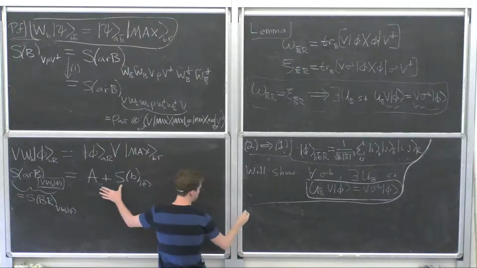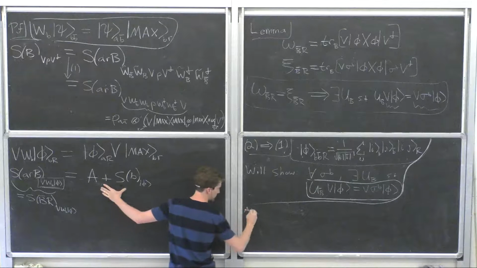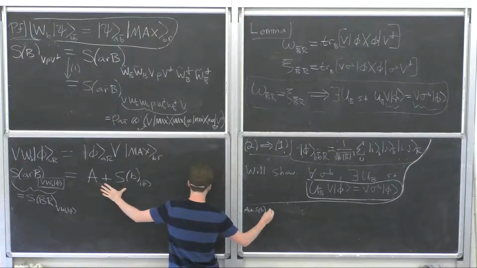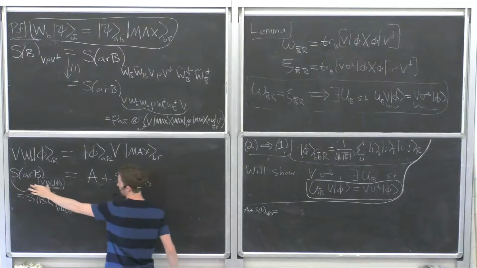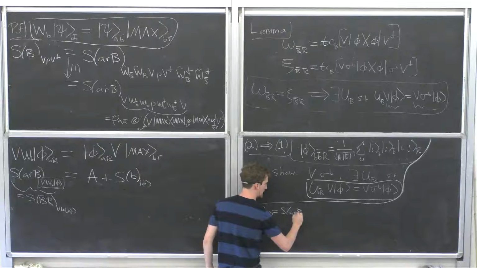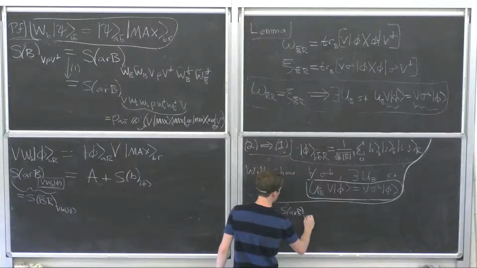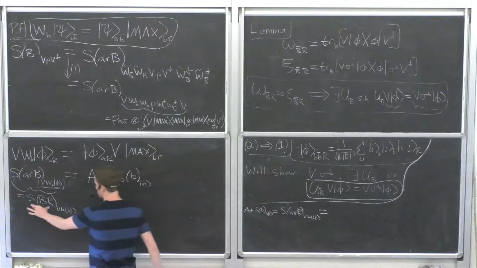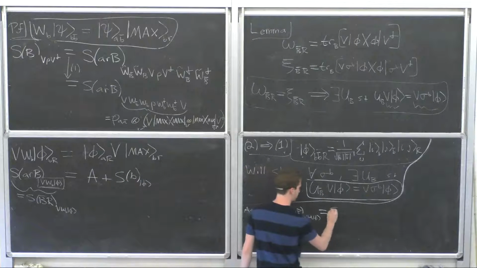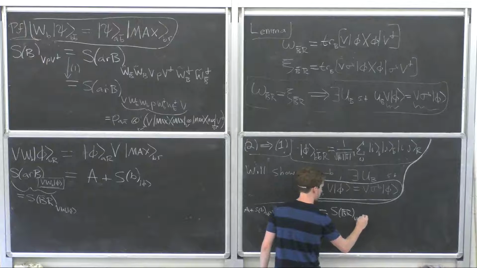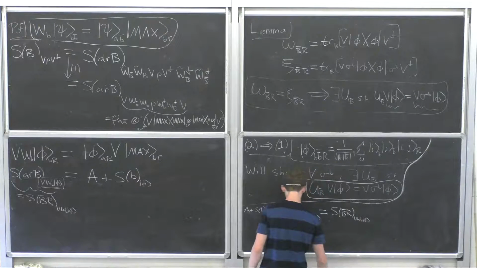So we have that A plus S of B in the state phi equals this S of little a, little r, b, V W B phi, which equals S of B bar R in that same state. Right?